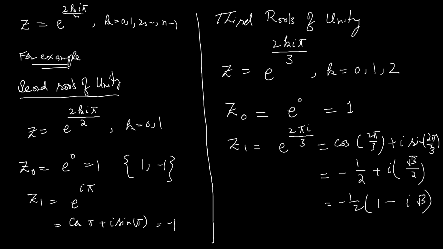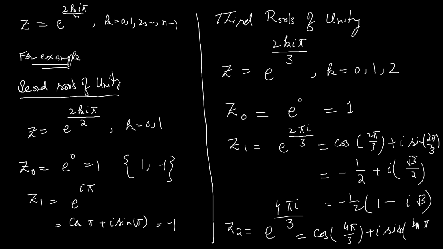This is one root, and the last root corresponding to k equal to 2 is e raised power 4πι divided by 3, which is equal to cos 4π by 3 plus ι sine 4π by 3. You can evaluate the values of cos 4π by 3 and sine 4π by 3 yourself.